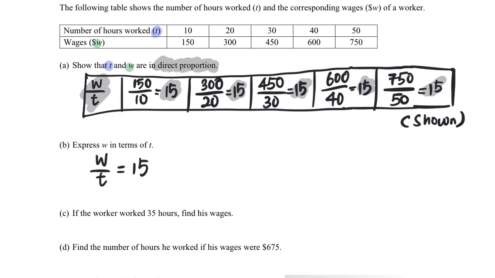So now we need to make W equal to something. What do we do with the T? Yes, we multiply. And that's all that they want. Part C.